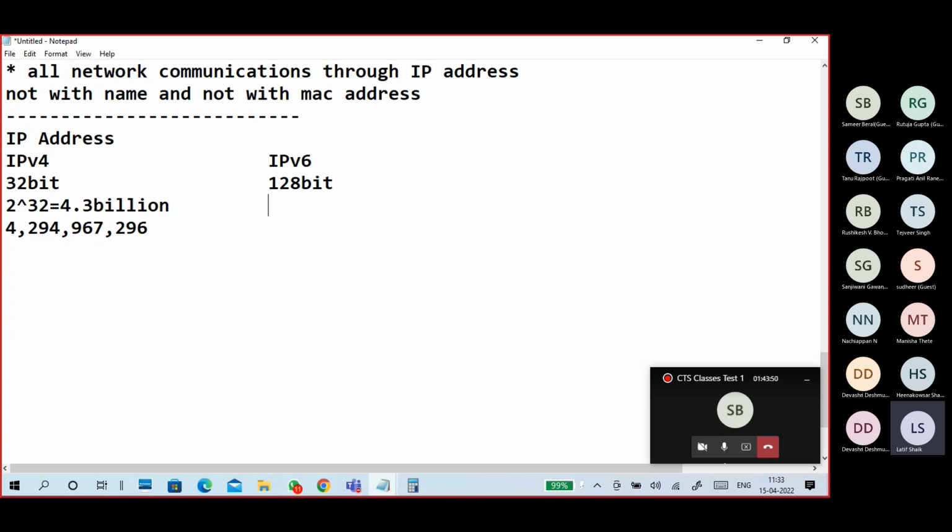In short form, it is almost 4.3 billion IP addresses. Same thing here, it is 2 to the power of 128. It is almost 3.4 into 10 to the power of 38 IP addresses.